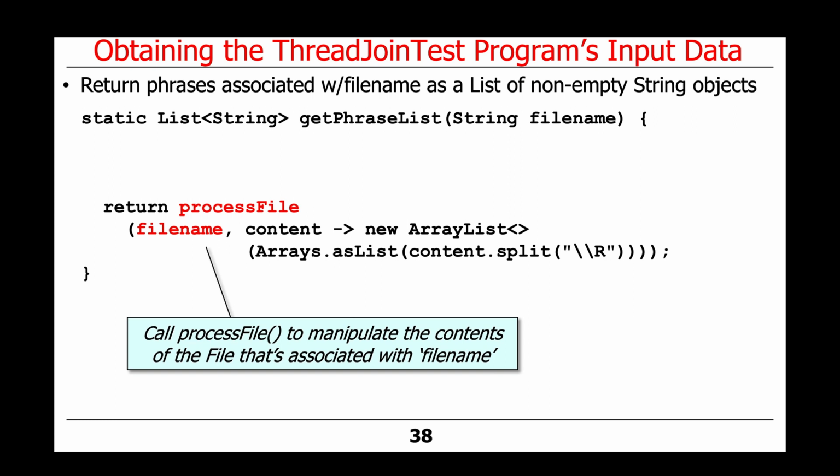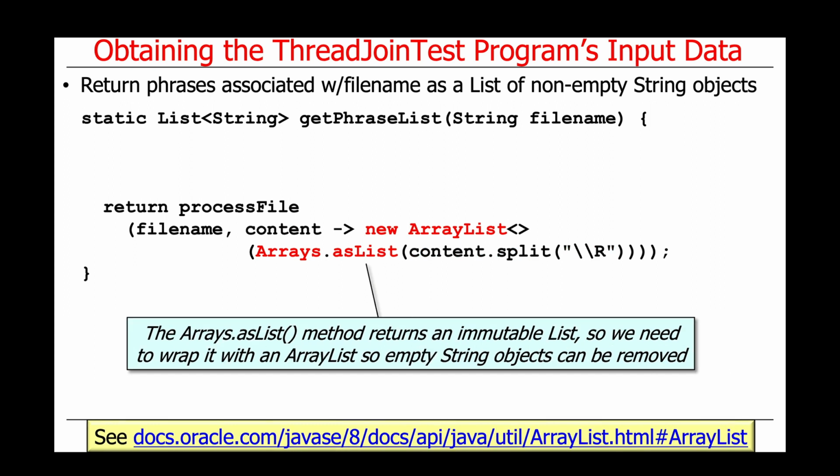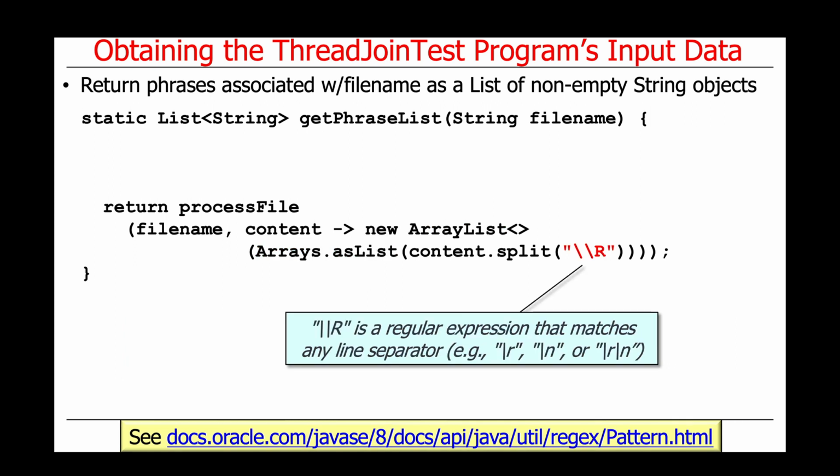When this method is called, the file name is passed, along with a function that splits the file associated with the file name by the new line regular expression and returns a list containing all the Bard phrases to search for. As with the getInput method we just examined, the list returned by Arrays.asList must be wrapped with an ArrayList so that empty string objects can be removed correctly by processFile without throwing an exception. The \\R string passed to split is a regular expression that matches any line separator on any platform.